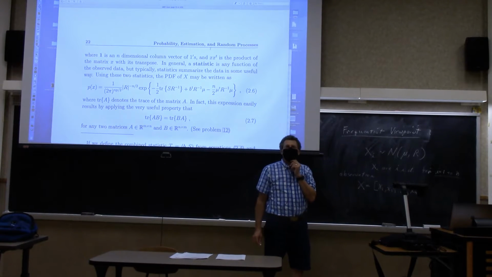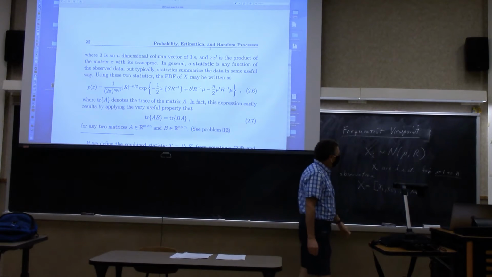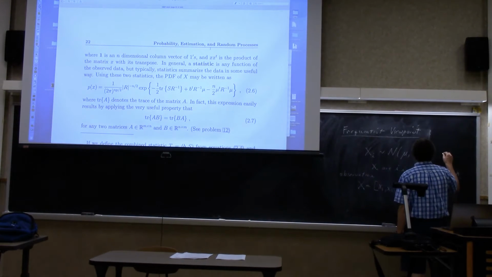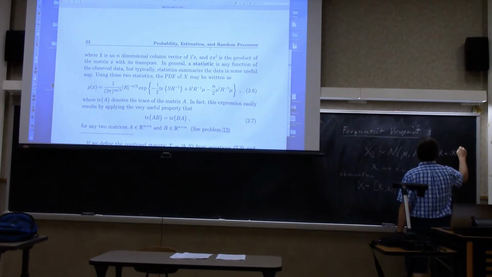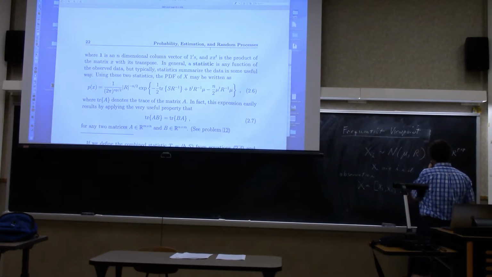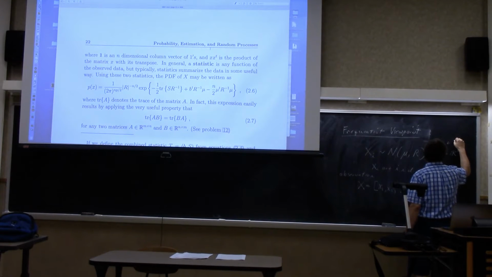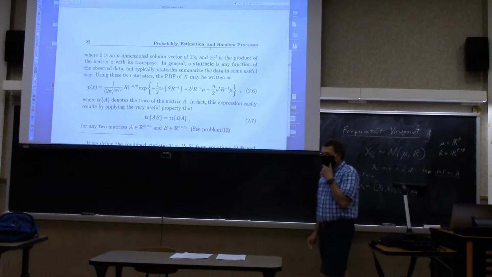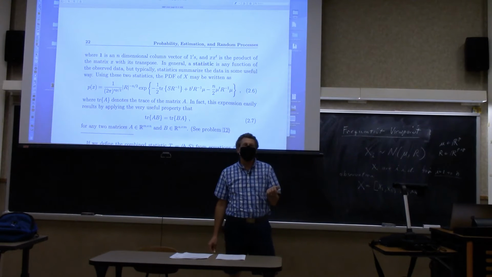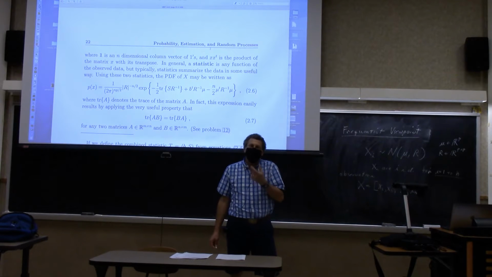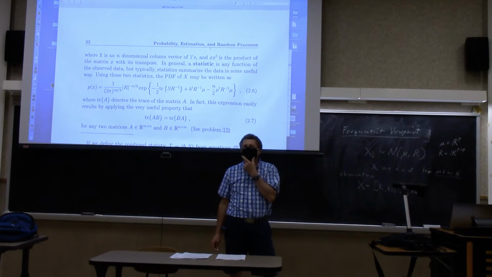Okay, so usually R here is a member of R P by P. And mu is a member of R P. So, you know, in statistics, they usually use the letter lowercase p to mean the dimension of your observation, and they use n to represent the number of times you perform the experiment.